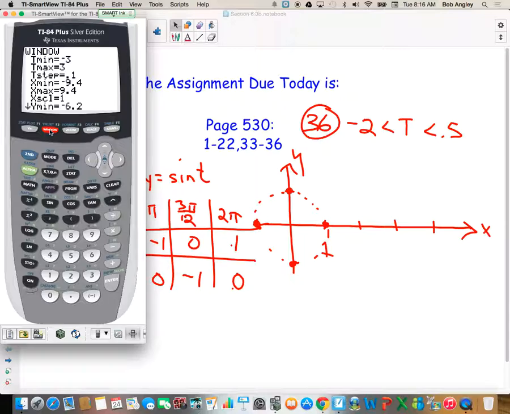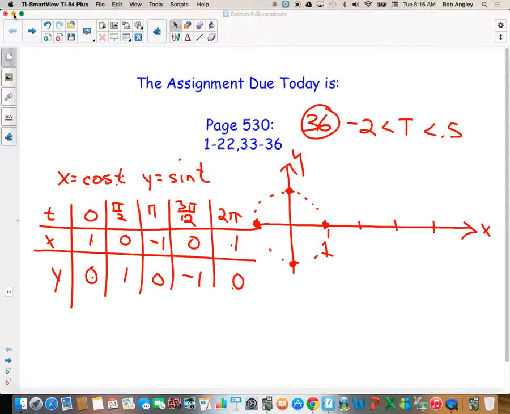Oh, here's what it is. I didn't notice until it was right there. You got 0.05 instead of 0.5. And that's the difference. Okay.